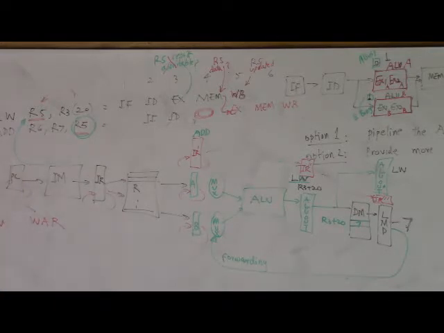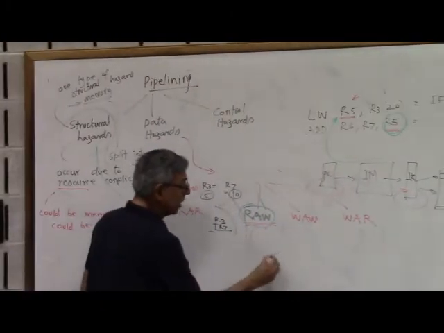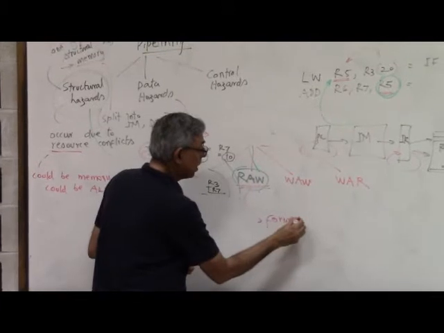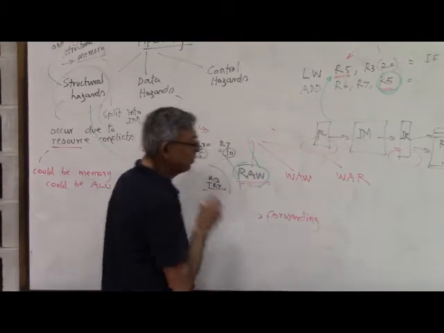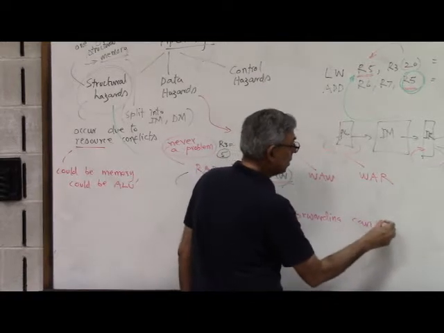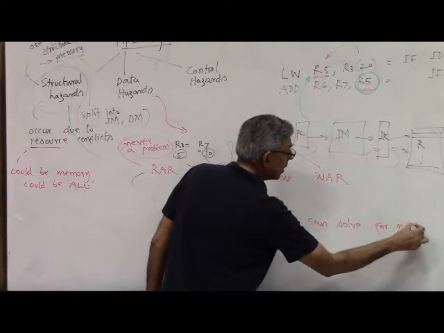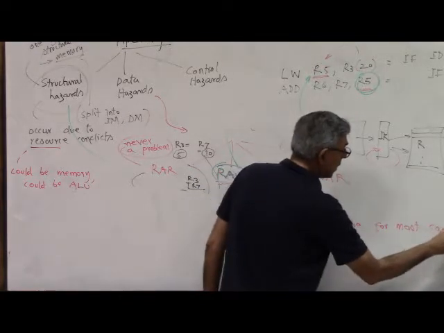So in our current design, once again, for the RAW type of hazards, for most of them, forwarding can solve the problem, and we don't have to put a stall. Forwarding can solve most cases, no stall needed.